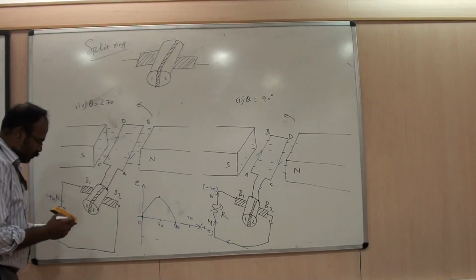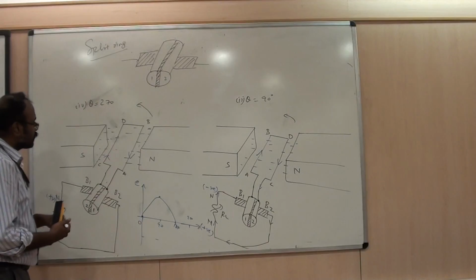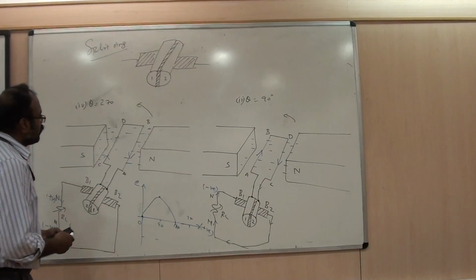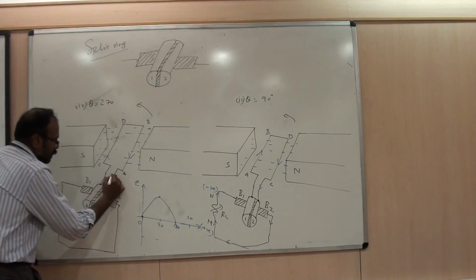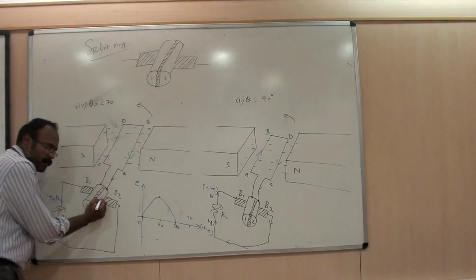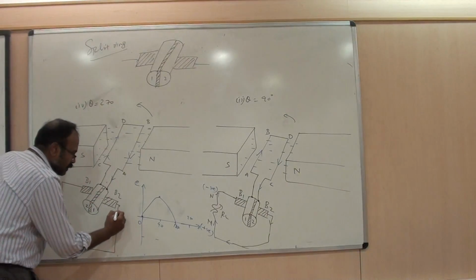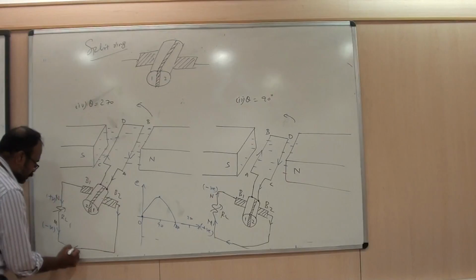Now if you analyze the path of the current flow from the AB conductor, it will enter segment 1. From segment 1, it will jump to the brush B2. Via the brush B2, it will travel like this.